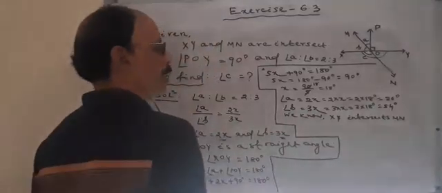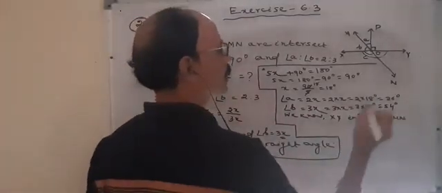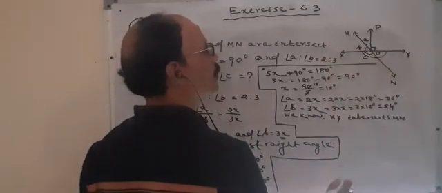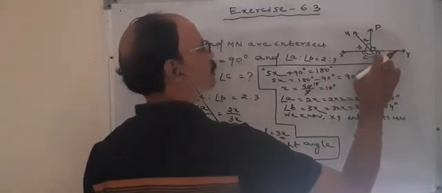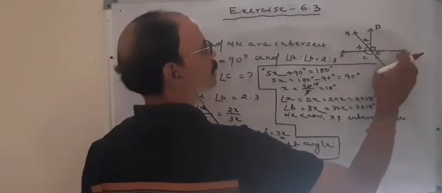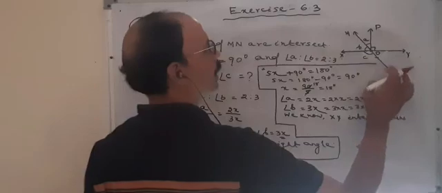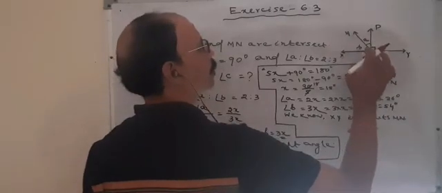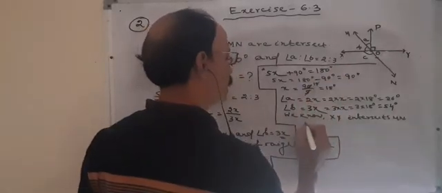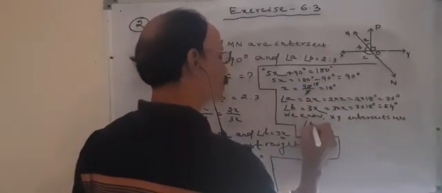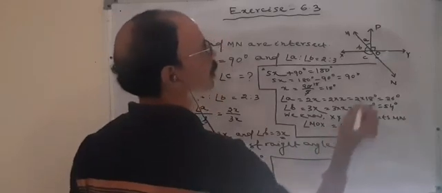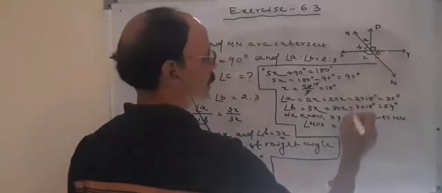If XY intersects MN, then what happens? Vertical opposite angles will be equal. So what are the vertical opposite angles? The vertical opposite angles are YON and MOX. You just see there, angle MOX should be equal to angle YON.